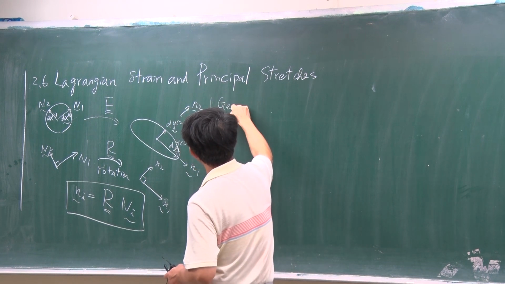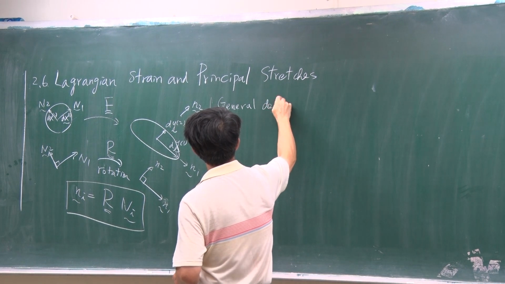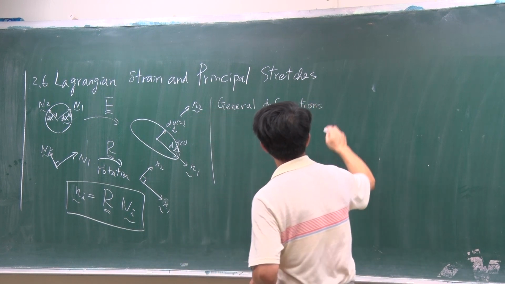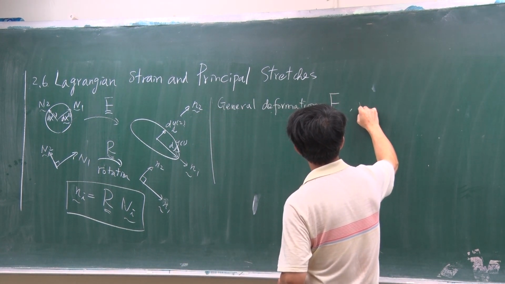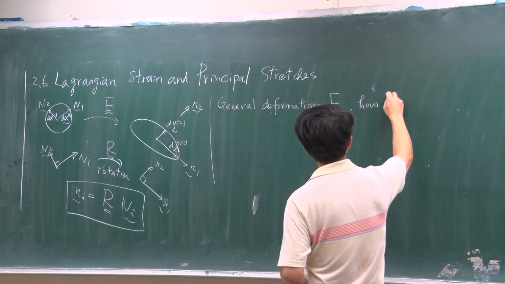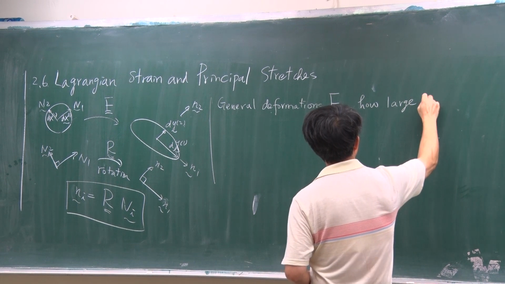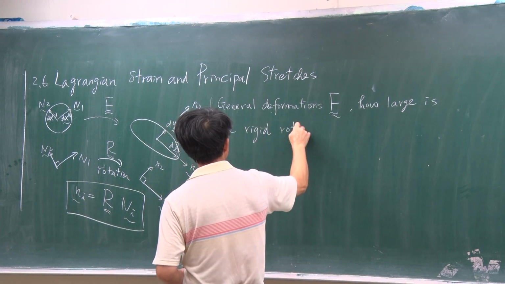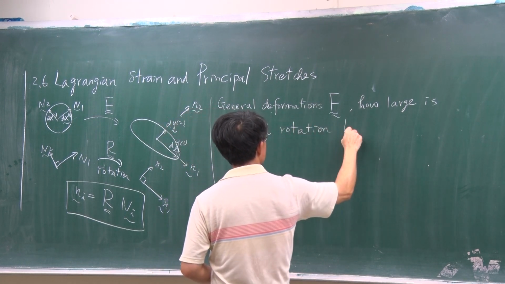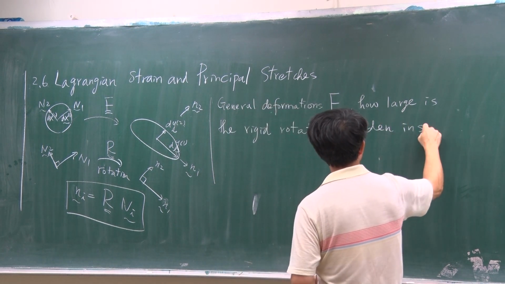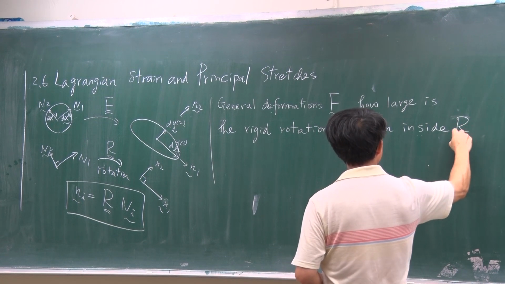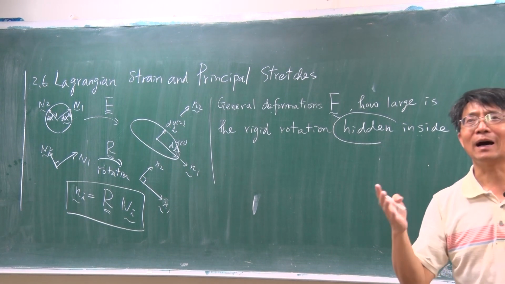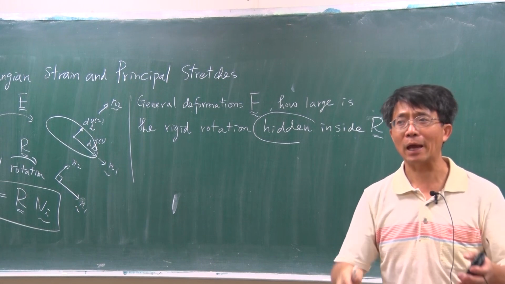Okay, let me explain to you. Given a general deformation F, how large is the rigid rotation hidden inside F? Hidden, 躲在里面。Okay, see, in a general deformation process, there are shape change, volume change, and also rotation.